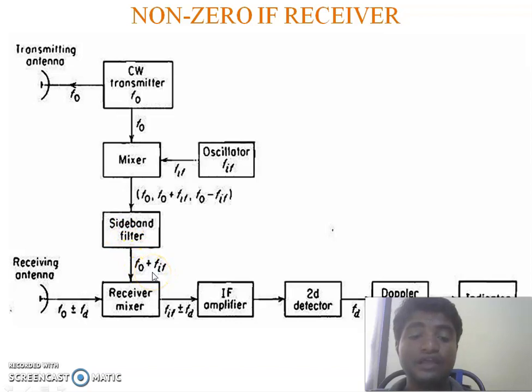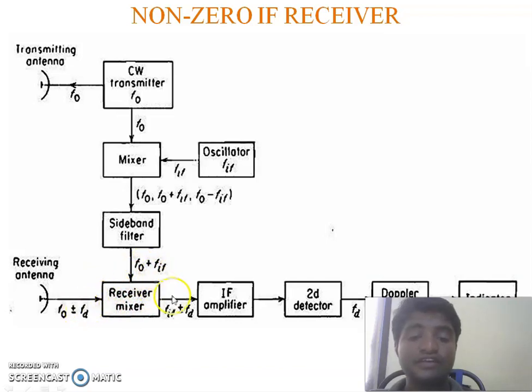That means the local oscillator for the receiver is derived from the transmitter frequency and the local oscillator frequency. For the receiver mixer, one input is f0 plus or minus fd and the other input is f0 plus FIF. The mixer will generate the difference frequency, so that f0 and f0 get cancelled.